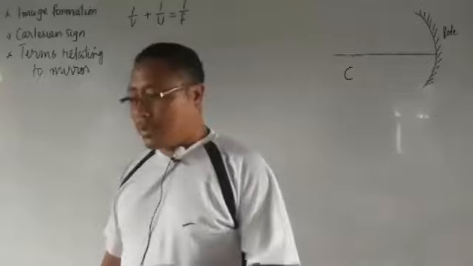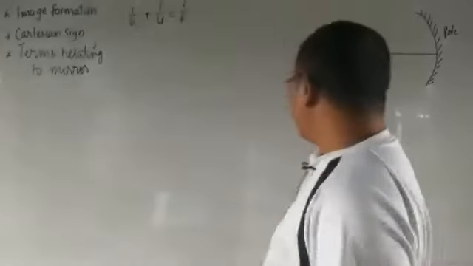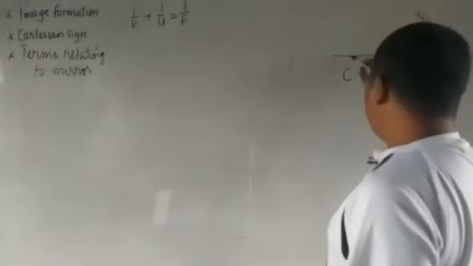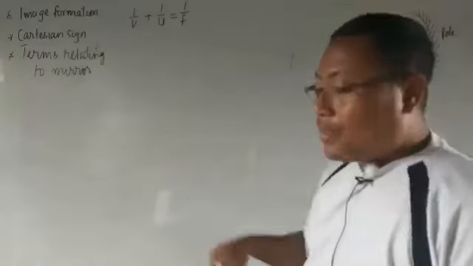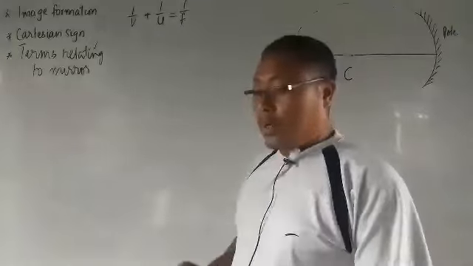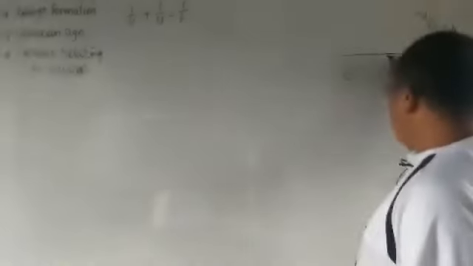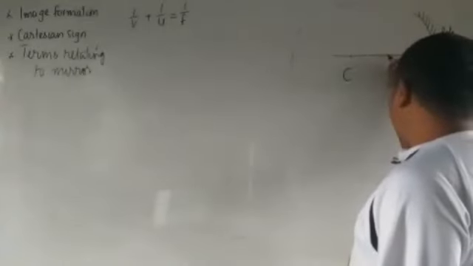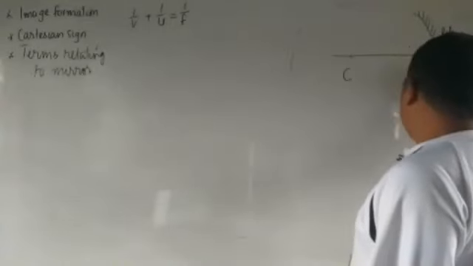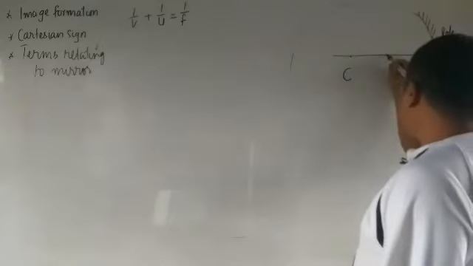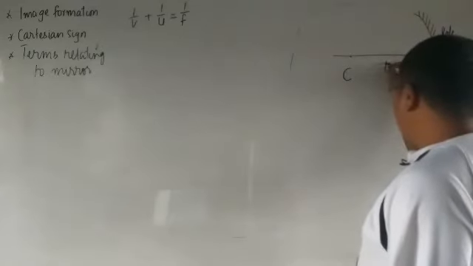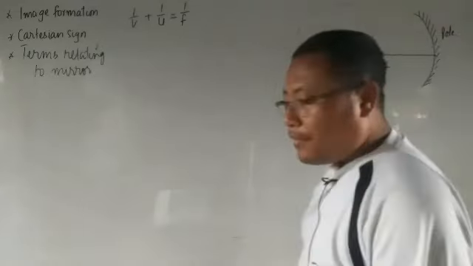Center of curvature is the point such that, if you assume this is a whole sphere, it would be the center of that sphere. In a mirror, we call it the center of curvature. Right in the middle between the center of curvature and the pole, we have the focus.